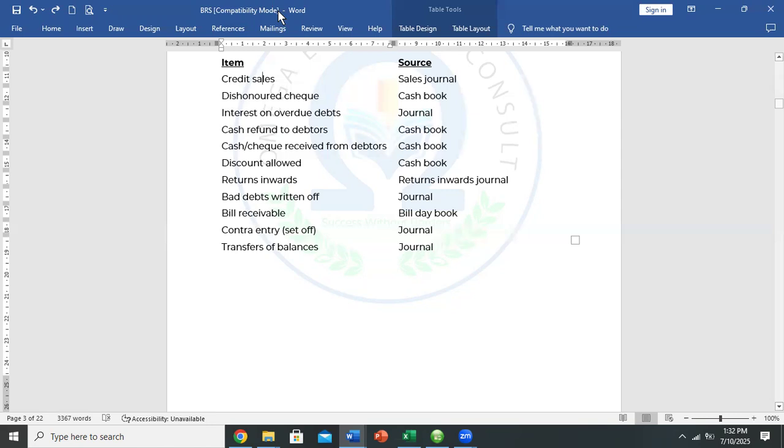So as we know from our fundamental accounting principle, if this is a debtors account, we know that the normal balance on a debtors account is a debit balance. Even though in some cases they can assume a credit balance, the normal balance on a debtors account is debit.